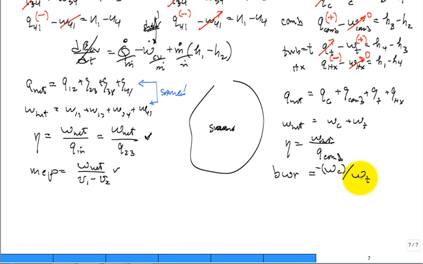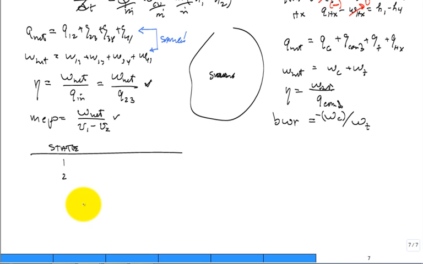Okay. Finally, I'm trying to get to this: make a table of all your states, 1, 2, 3, 4, and then figure out what properties would be of interest. Probably pressure, temperature, maybe in kilopascal, maybe in Kelvin, maybe the specific volume, maybe the internal energy.